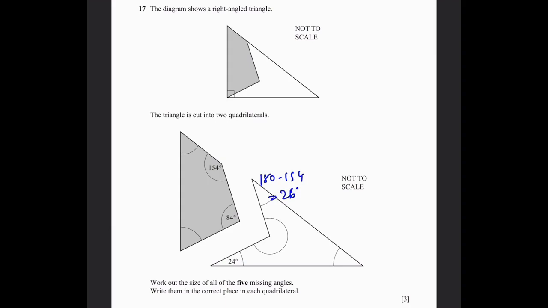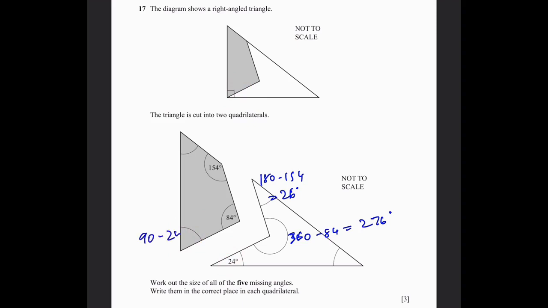And same way, if this edge over here was connected, that means the full thing is 360 degrees. So this will be 360 minus 84, which is 276 degrees. Now, also this is a right angle triangle, so if these two angles are joined together, it forms 90 degrees.